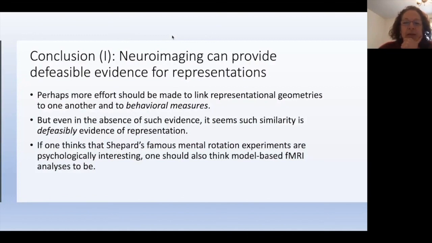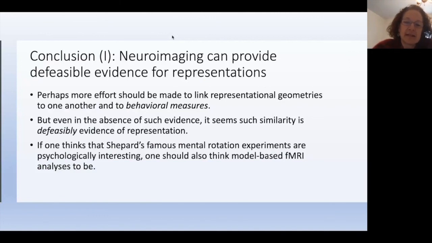Part of what I think people think is wrong with it is that you can't directly infer causal efficacy from RSA demonstrations, but I think the more that you can link these representational geometries to each other, and specifically to behavioral measures, the more reason we have to think that there is actually causal efficacy to the geometries that we're seeing. But I think even in the absence of that kind of evidence, strong similarities between models is defeasibly evidence of representation.